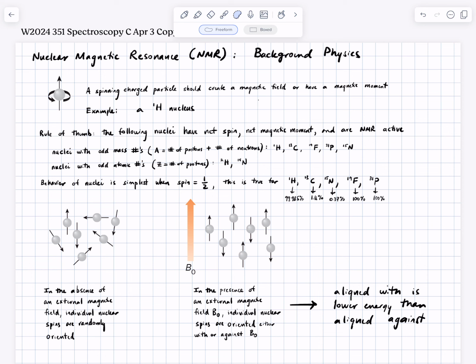Other nuclei have combinations of protons and neutrons. And there's this whole elaborate thing called nuclear shell theory, or the nuclear shell model, that you can use to predict whether or not a nucleus should have net spin. Of course, in most organic molecules that you've seen, the electrons don't have net spin because the electrons come in pairs, one with upspin, the other with downspin, and overall spin is zero.